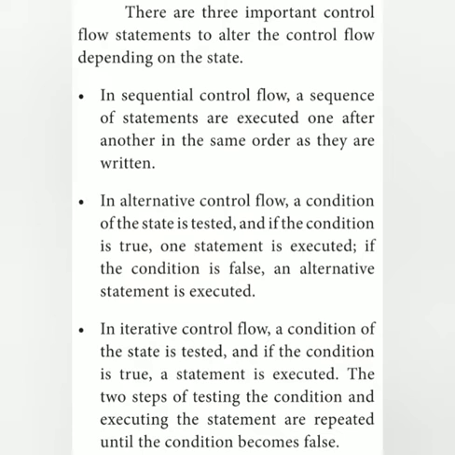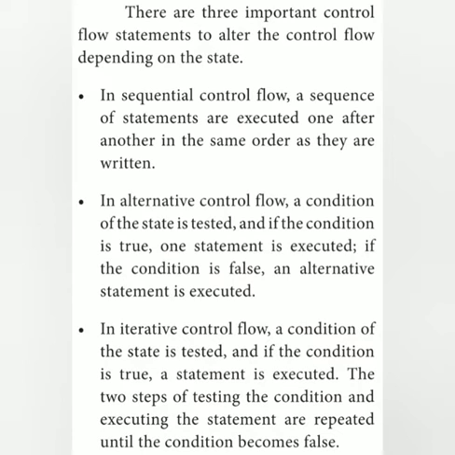In the second one, alternative control flow, first the condition is checked. If the condition is true, the true block statements will work; otherwise, the false block statements will work. But in the iterative control flow, first the condition is checked, some statements are executed, and then we go back to check the condition again, until the condition is false.